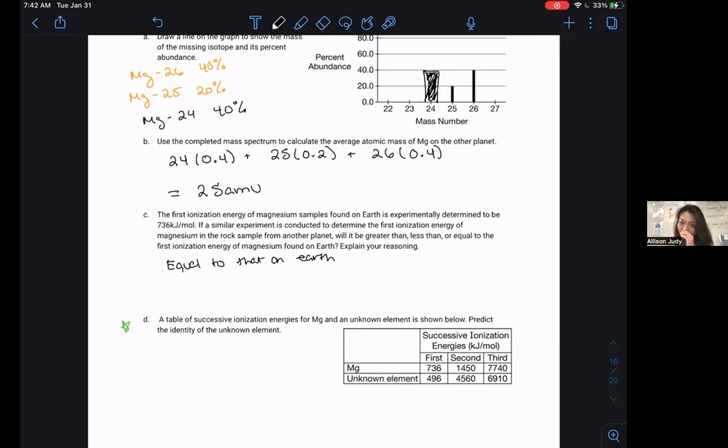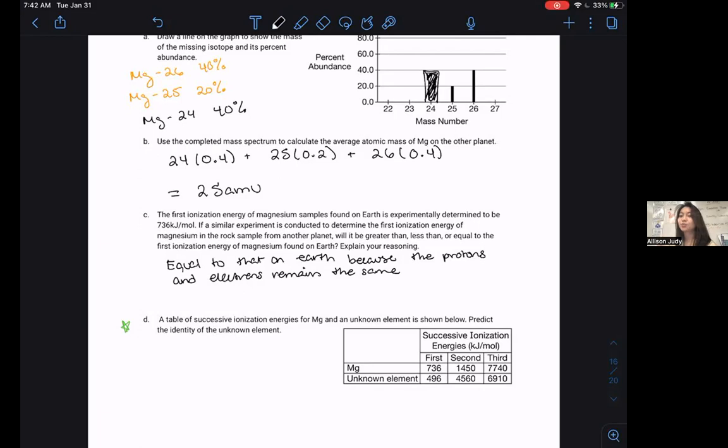Because the protons and electrons remain the same, right? For neutral magnesium to be neutral magnesium on another planet, you still have to have the same identifying characteristics. And the protons and electrons being the same means that the Coulombic attraction would also be the same.